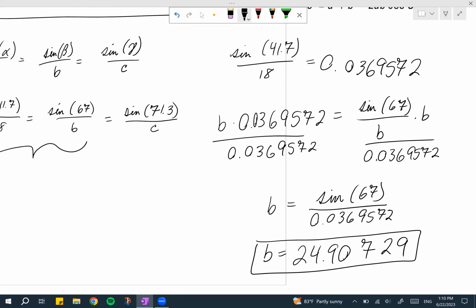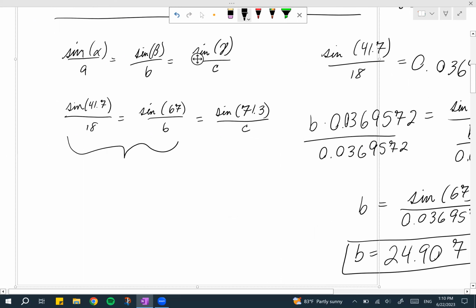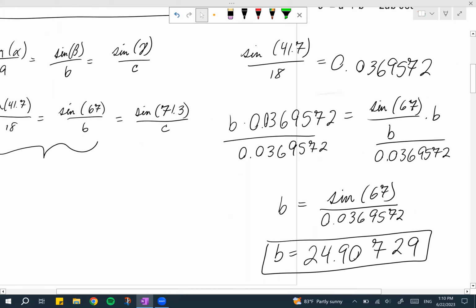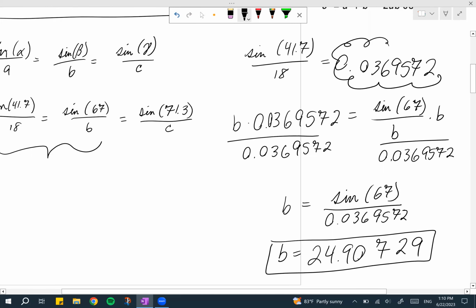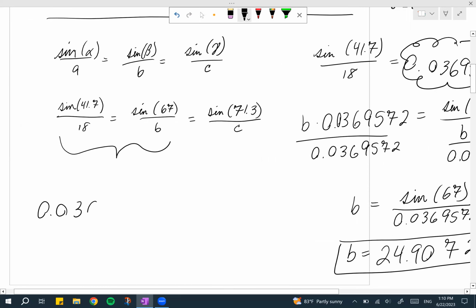Now that I've got that, I can also find my side C. I'm going to copy this decimal that we calculated over here, 0.0369572.